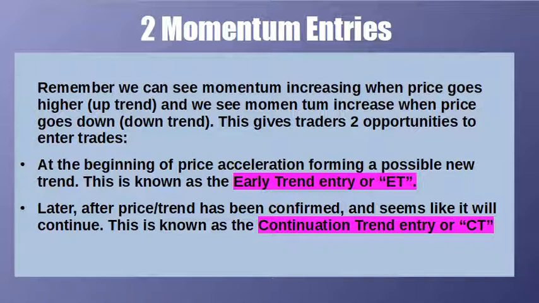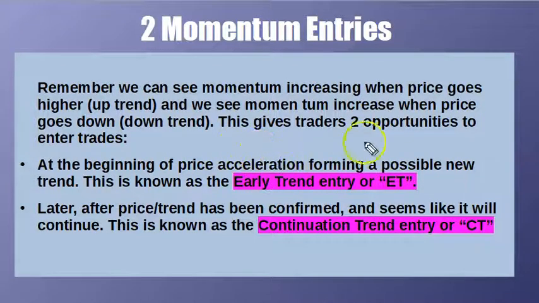So momentum increases in an uptrend and in a downtrend, and then we lose steam and momentum decreases right here. Once price goes sideways and starts going up, momentum is decreasing there. So momentum increases, decreases, or loses steam, and then it starts increasing again as it starts a new swing trend.